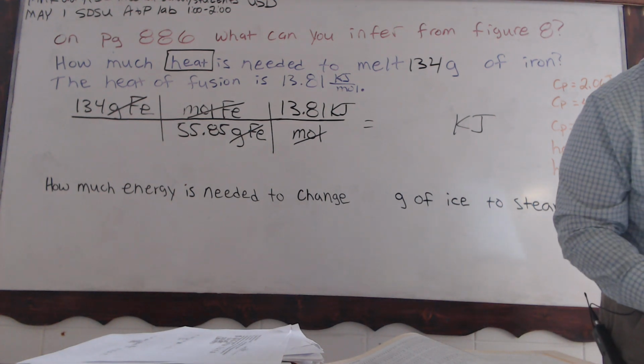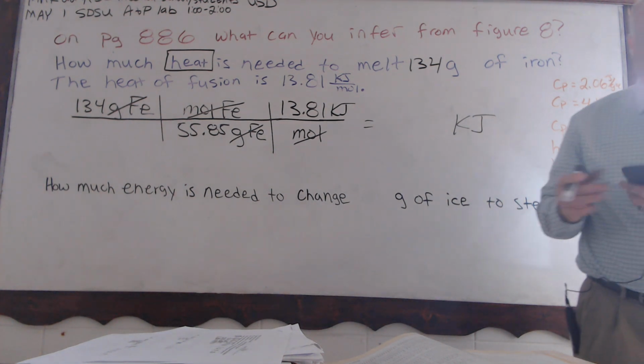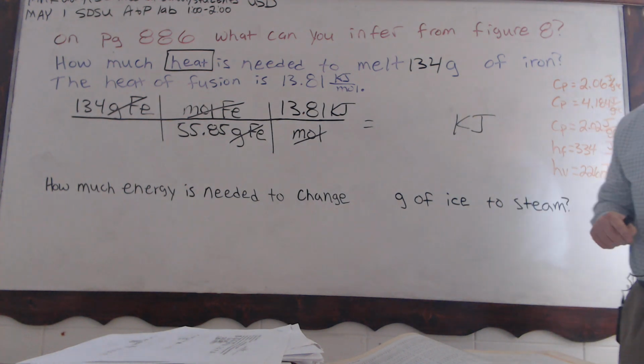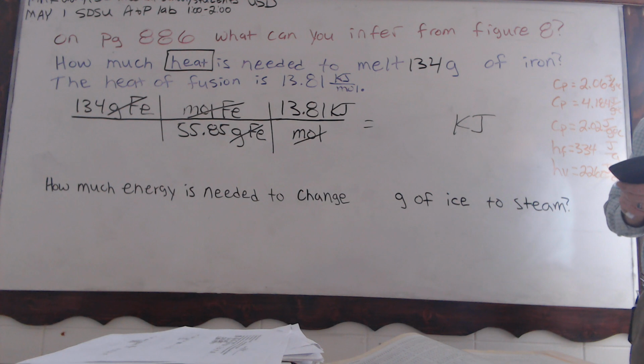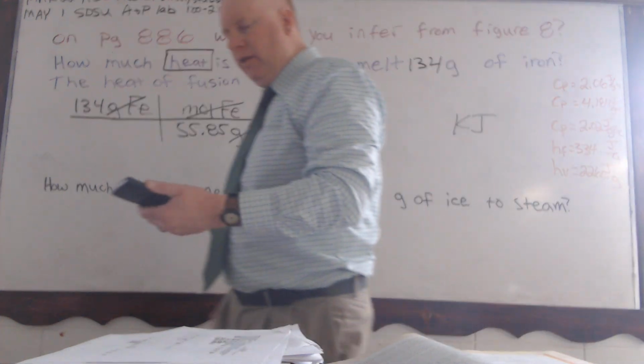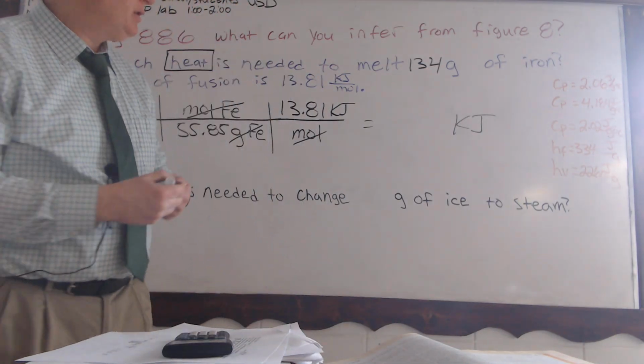Well, I could use that one, but this was the one I was looking for because this one has all the answers in it. Okay. 134 times 13.81, and then divide that by 55.85, which would give us 33.13 kilojoules.